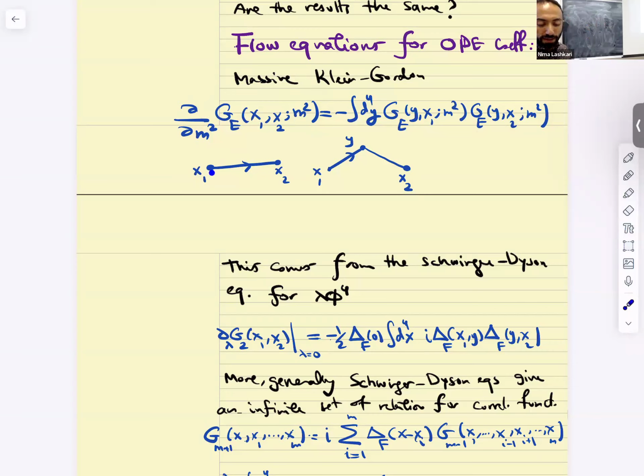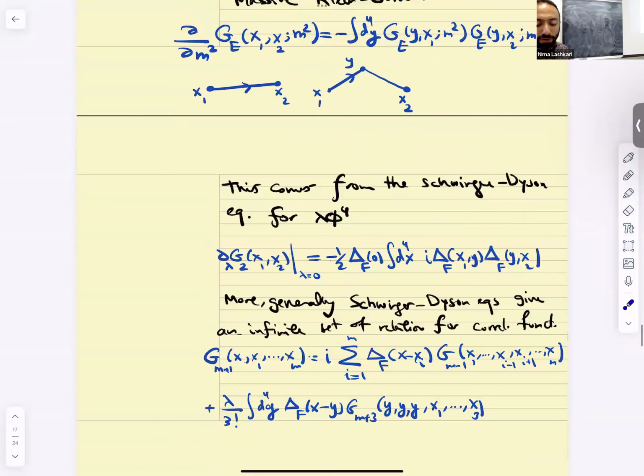It's basically the propagator from x1 to x2 is like the propagator from x1 to y and y to x2, integrated over all possible locations of y in space-time. Right? In lambda phi 4, this is literally an equation we had on our slides in QFT 1. Del lambda of G2(x1, x2) for lambda equals 0 has this expression.